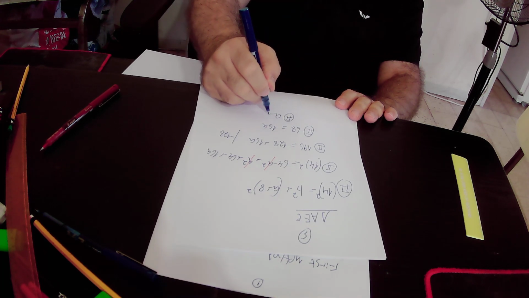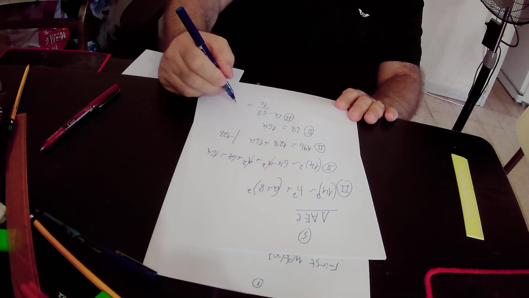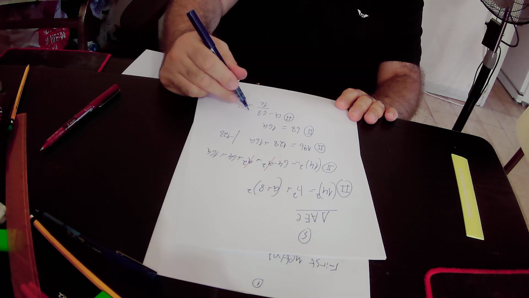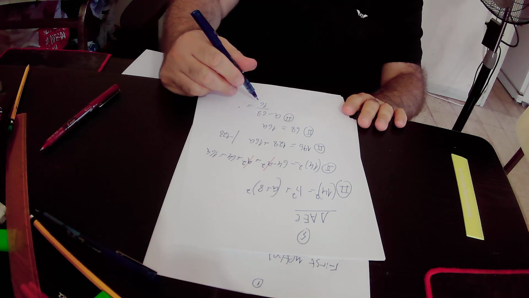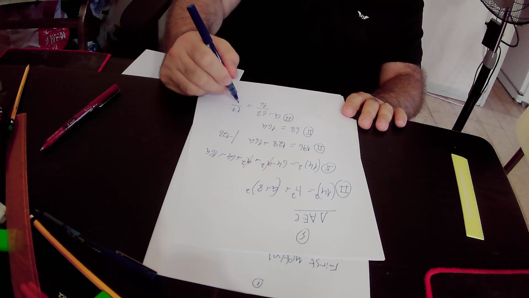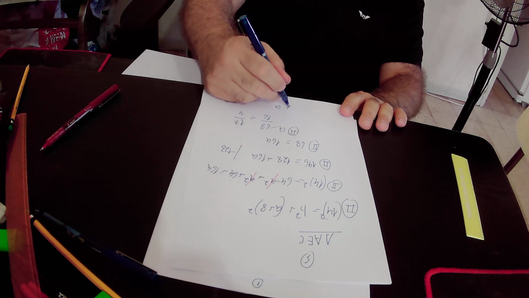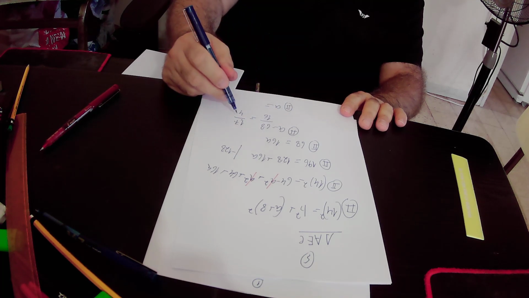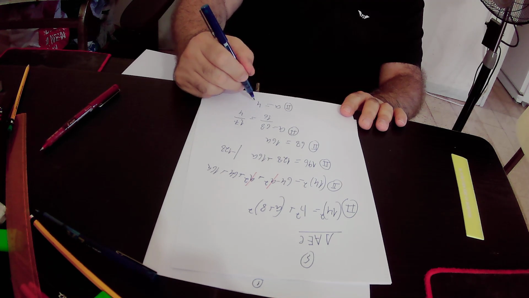So a will be equal to 68 over 16. That is actually, we can divide the numerator and the denominator by 4, and we will get that 68 by 4 is 17, 16 over 4 is 4, so a equals 17 over 4, which is 4 and a quarter.